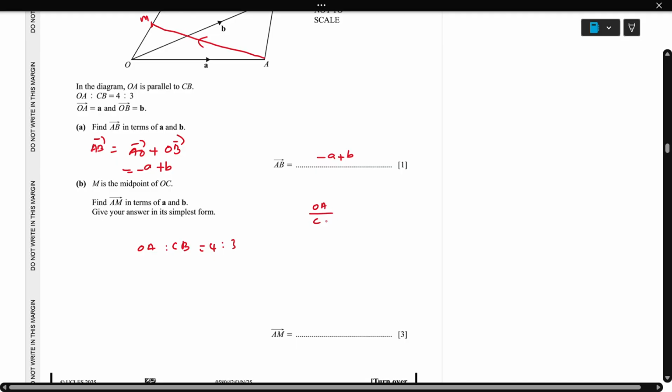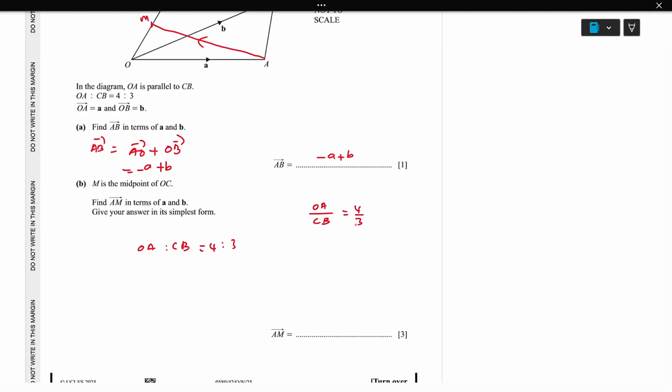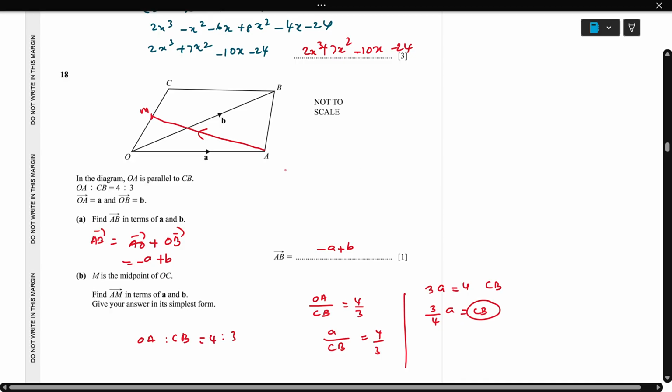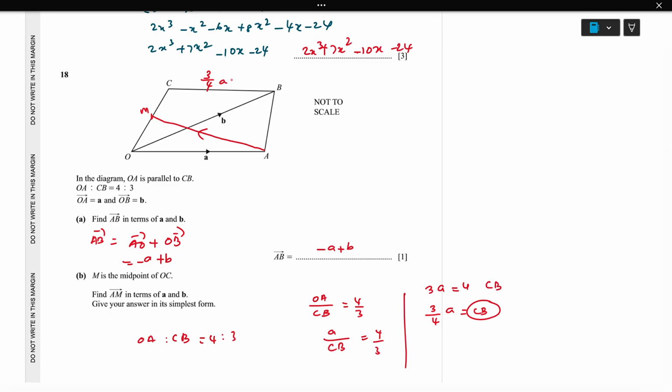OA by CB equals 4/3. We already know OA, which is A. So A over CB equals 4/3. Rearranging the terms, 3A equals 4 times CB. So 3/4 A equals CB. So we got CB equal to 3/4 of A.